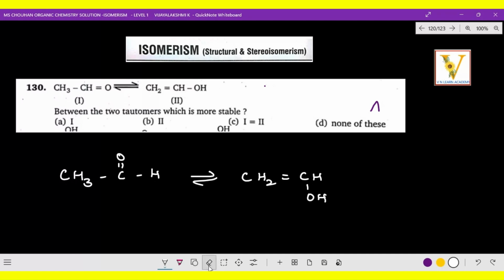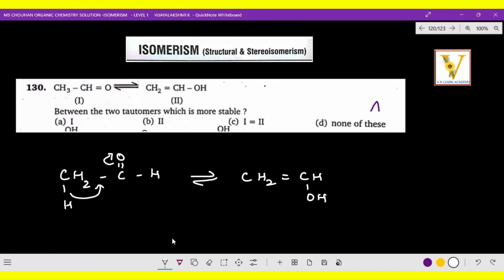In this CH2 there is one hydrogen. So this hydrogen transfers, that means the electrons shift over here. The same way, a hydrogen shift takes place to the keto group. Why did I mention that the keto form is stronger than the enol form?